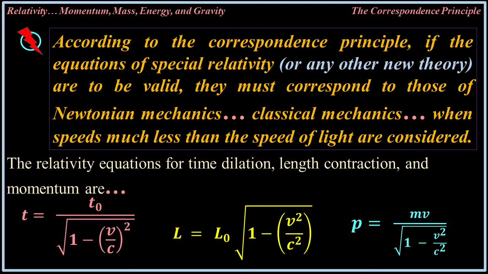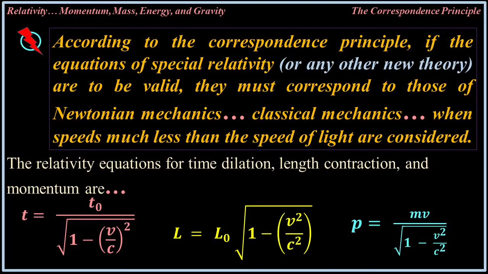According to the correspondence principle, if the equations of special relativity or any other new theory are to be valid, they must correspond to those of Newtonian mechanics, classical mechanics, when speeds much less than the speed of light are considered.